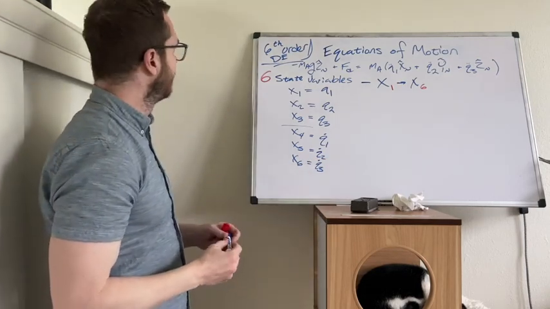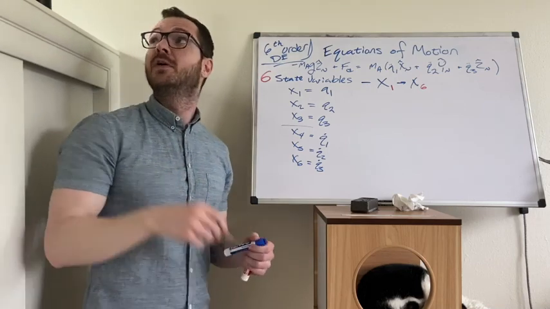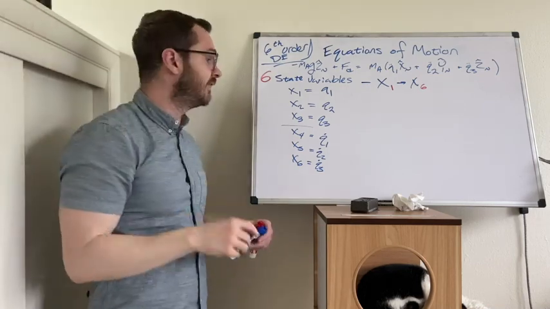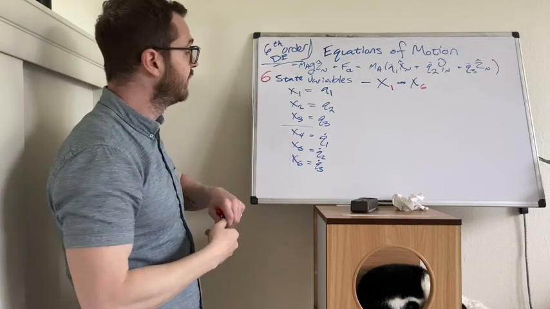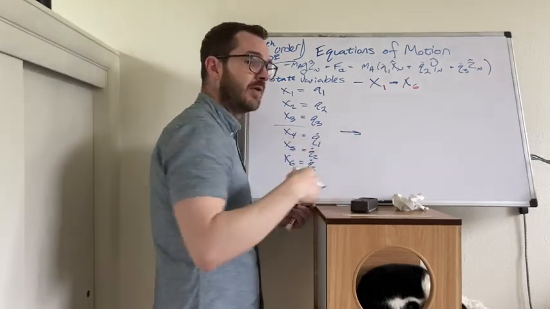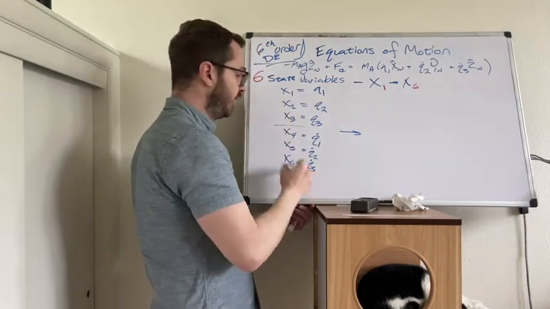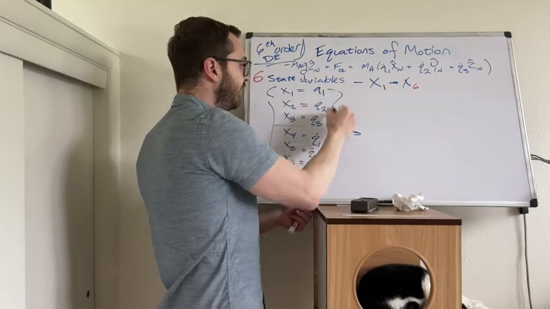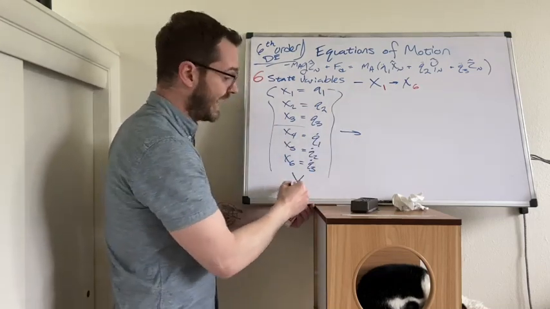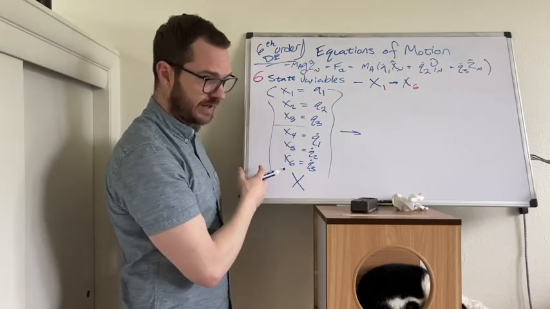Now, if those are the state variables, what we're going to do next is define the derivatives of the state variables. If we call this whole vector x, the vector x contains x1 through x6.